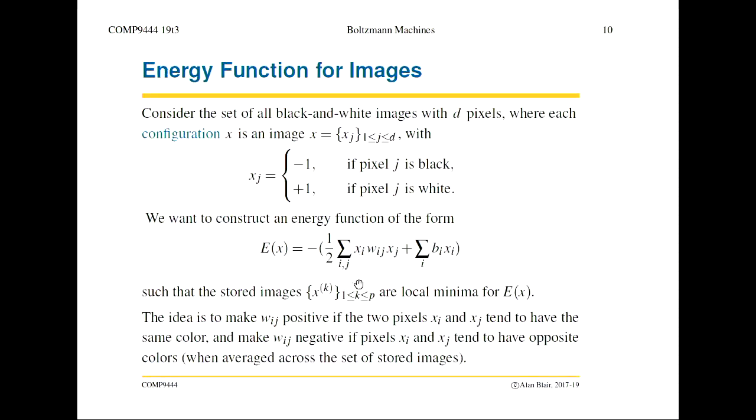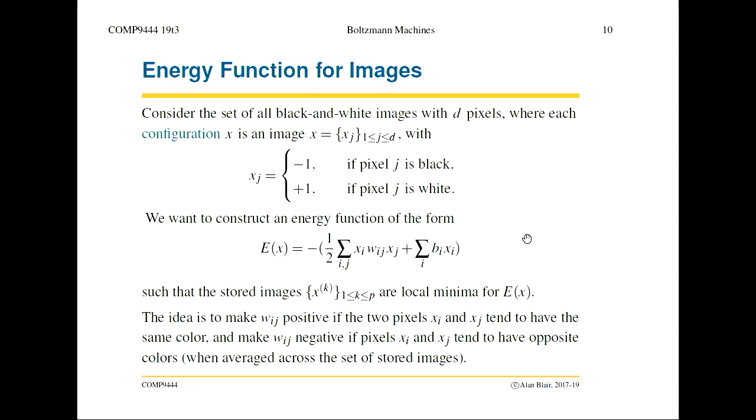Now, what is this energy function actually trying to achieve, or what does it represent? Well, the idea is this: if wij is positive, that means that images in which those two pixels are the same will have a lower energy, right?